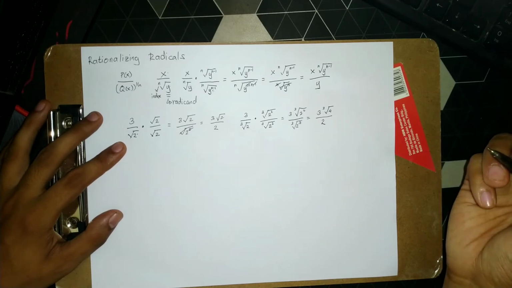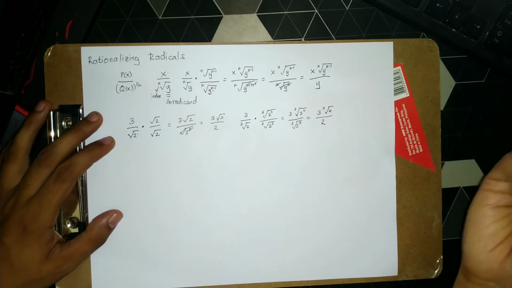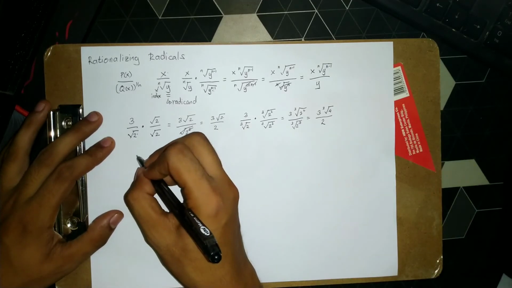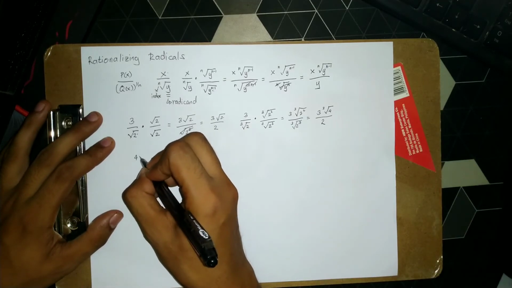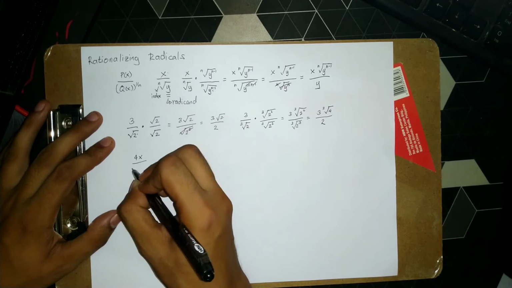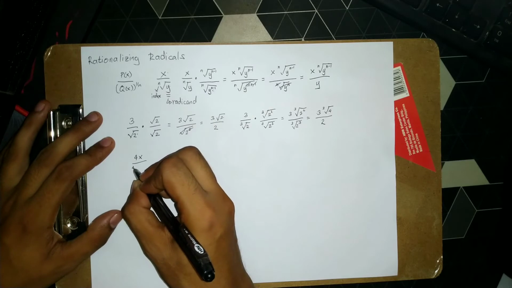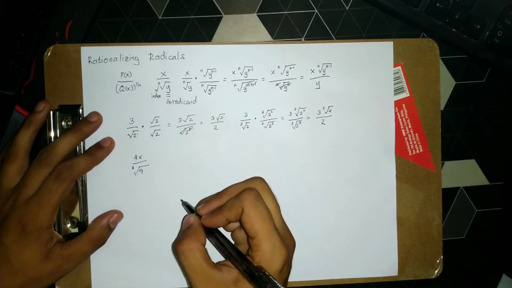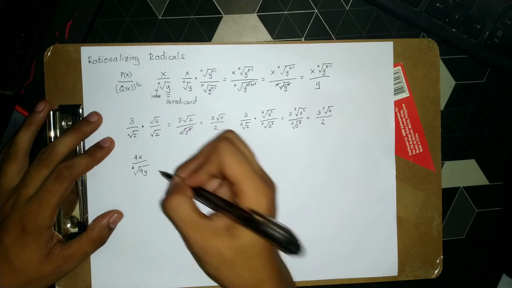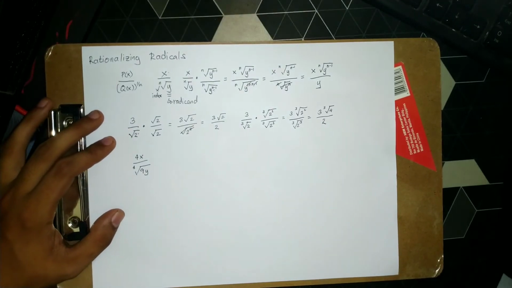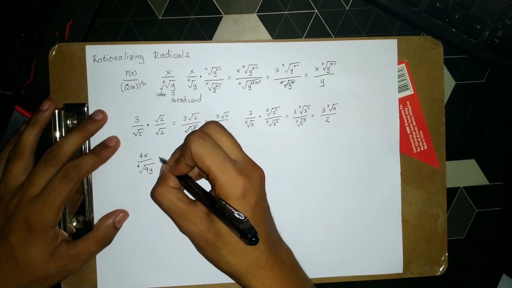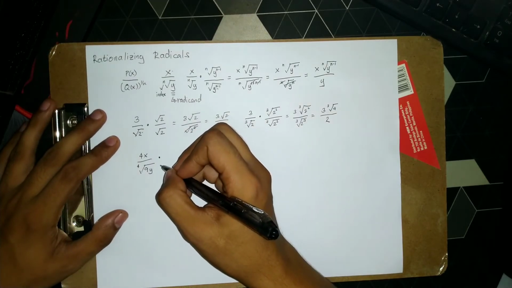Now, another example you might encounter. Let's say we have 4x over the fourth root of 9y. In order to rationalize this, there are two possible ways.